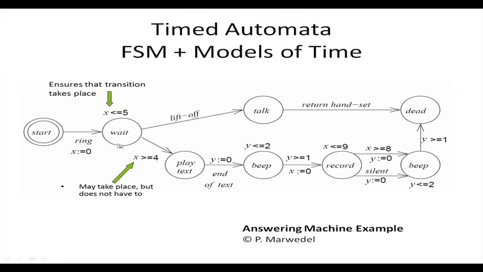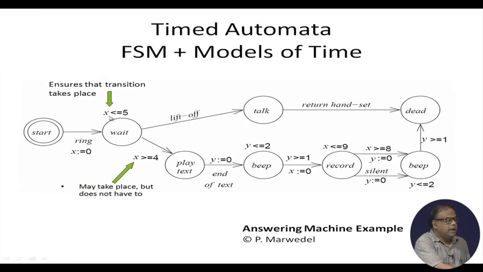In this wait state, it will remain as long as 5 units have not elapsed. Within 5 units, an event can take place: the person picks up the phone, lifts off, talks, returns the handset, dead, fine.